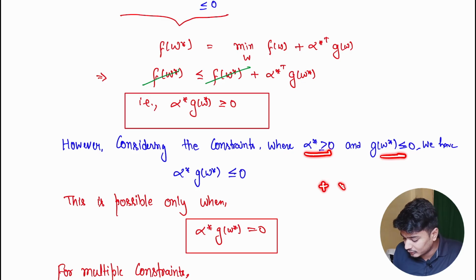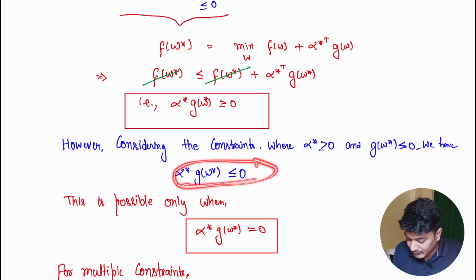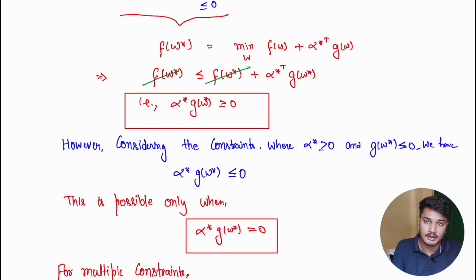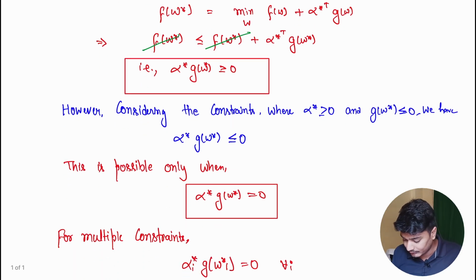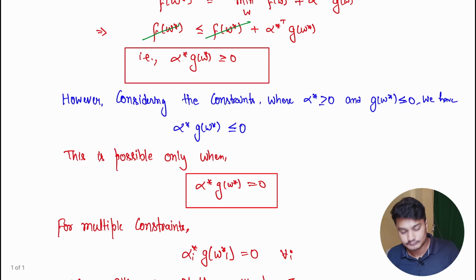So plus into minus is always minus. But we have this which is greater than or equal to 0. So these two can be possible only if this is equal to 0. Both these constraints will be true if we have this condition. Correct?